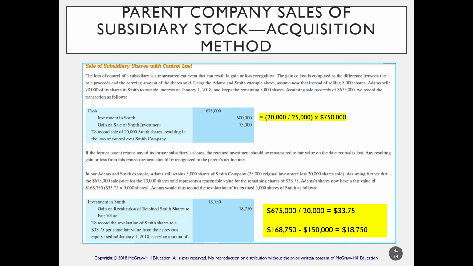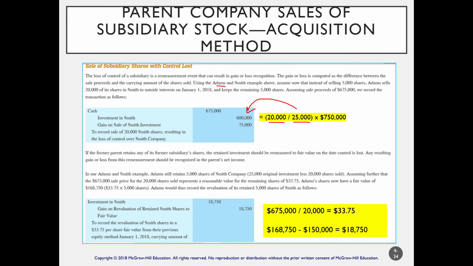In the instance that we sell too many shares and now we no longer have control in this company, in this example, we sold 20,000 shares of Smith. Smith had 25,000 shares. So this means that the basis of the portion that we sold in Smith is 600,000.